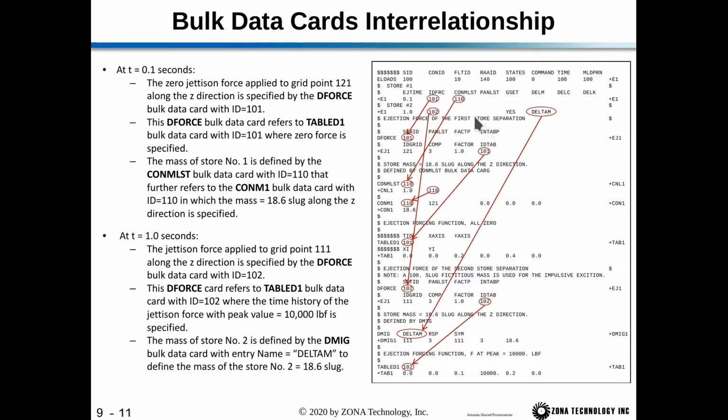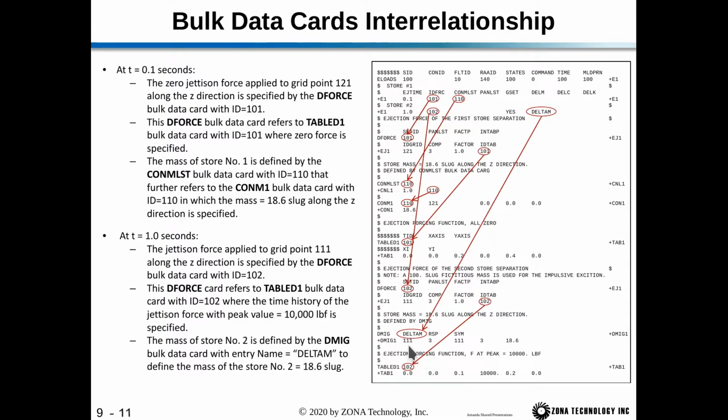Meanwhile, the mass of our second store is defined by the delta M matrix, and it's defined in the G set. Our G set is set to yes. So for the second store, we're not using the CONM option, we're using the mass matrix option directly. So our mass matrix delta M is defined by the DMIG card.